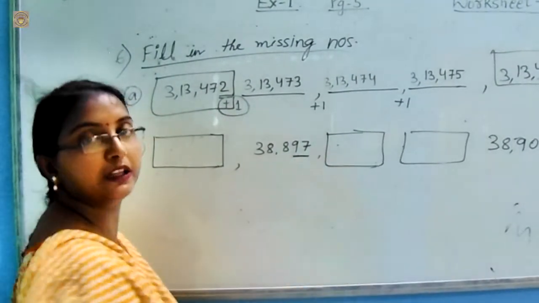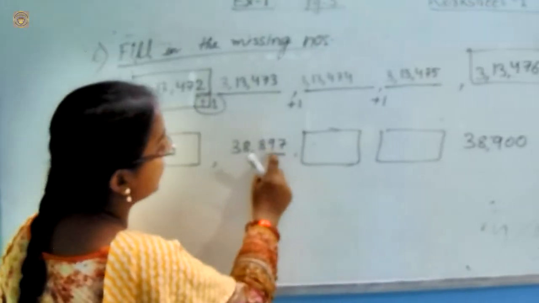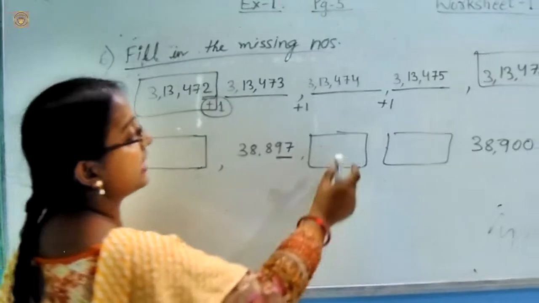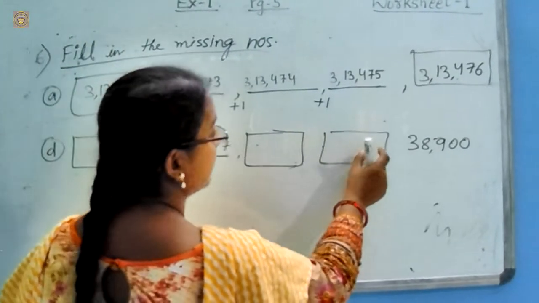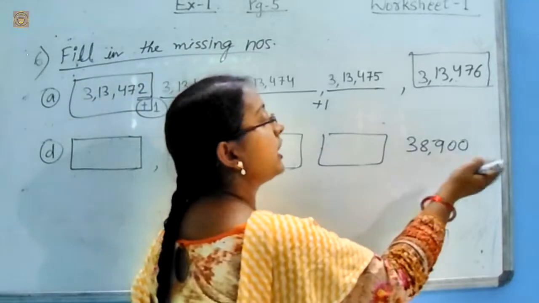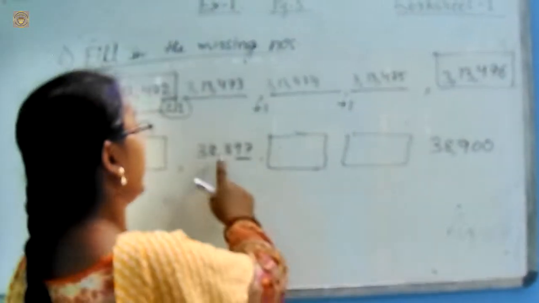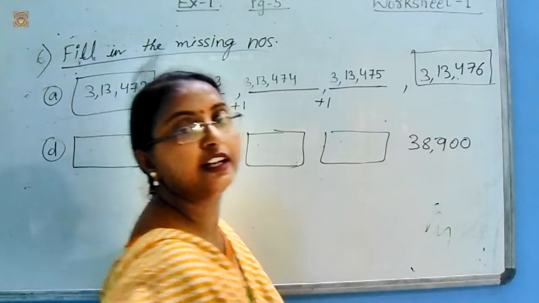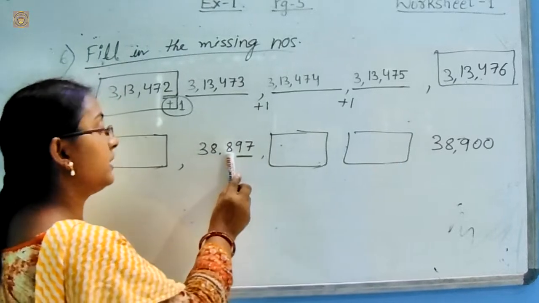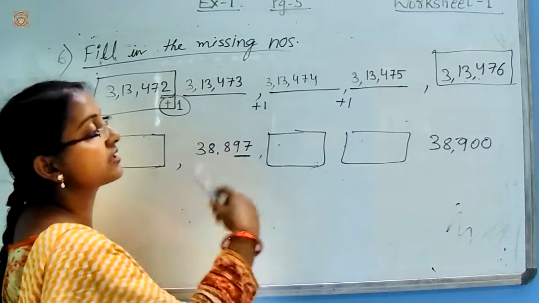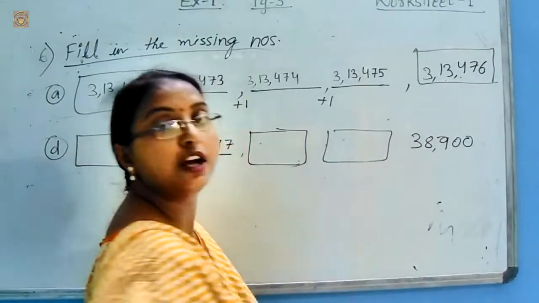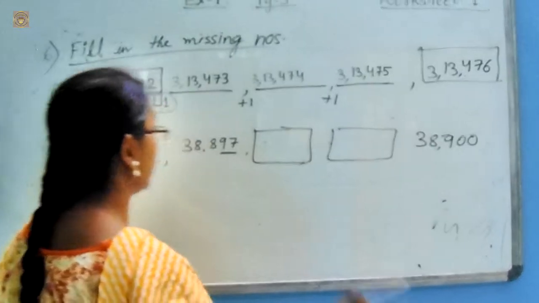So what will be the idea? Yes, 97 is increasing as 98, 99 and the last one is converted from 800 to 900. That means at the 100 position the 8 is converted to 9 by adding 1.